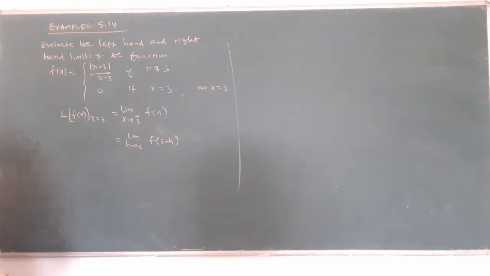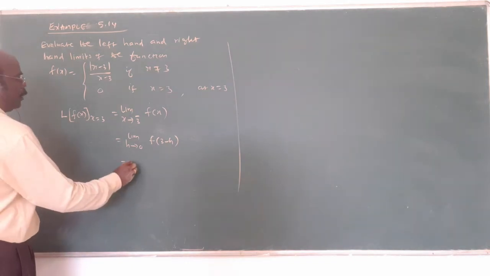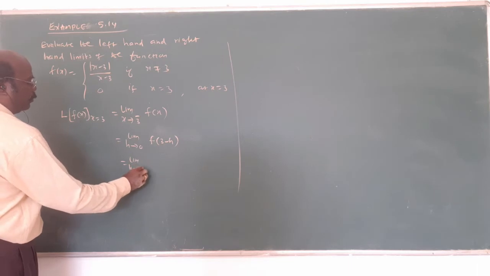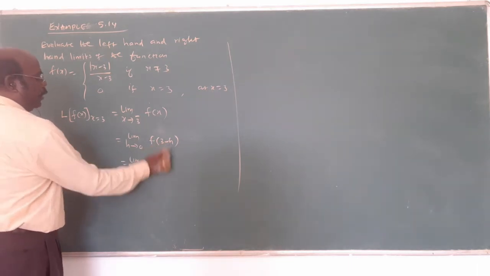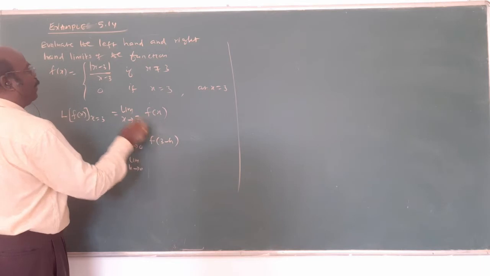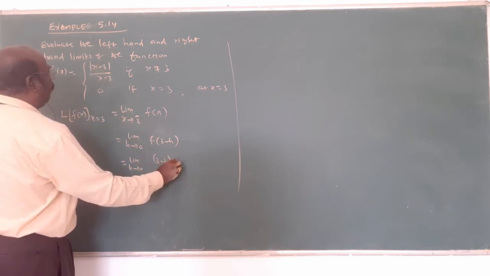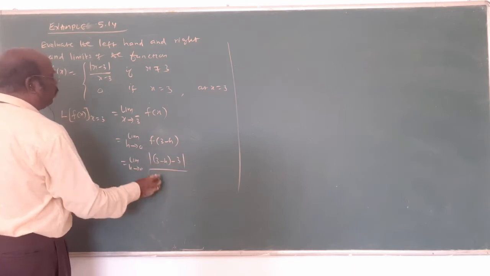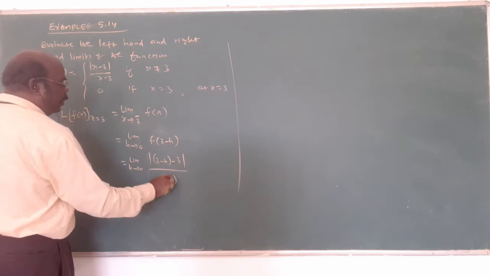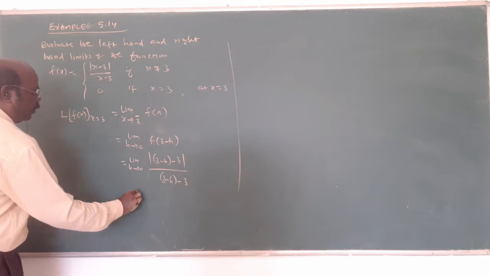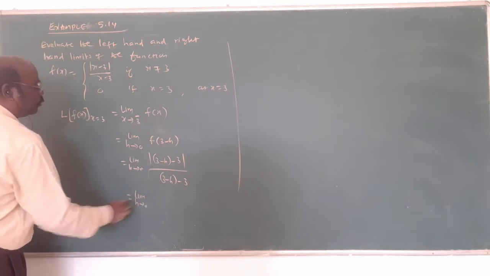Now, f of 3 minus h means replace x by 3 minus h. Substitute 3 minus h here: modulus of 3 minus h minus 3, and here also 3 minus h minus 3. Now, limit h tends to 0.